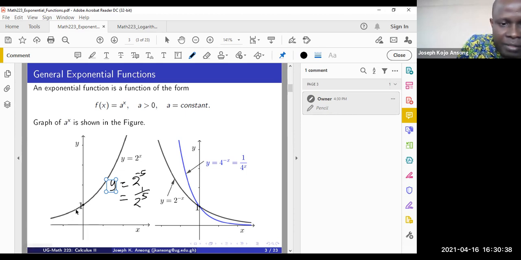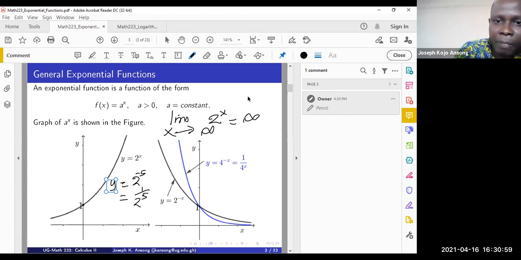So as x is becoming more negative, it is decreasing, and as x is becoming positive, it is increasing. So the limit as x goes to infinity of 2 to the x, or e to the x, for instance, should be going to infinity.